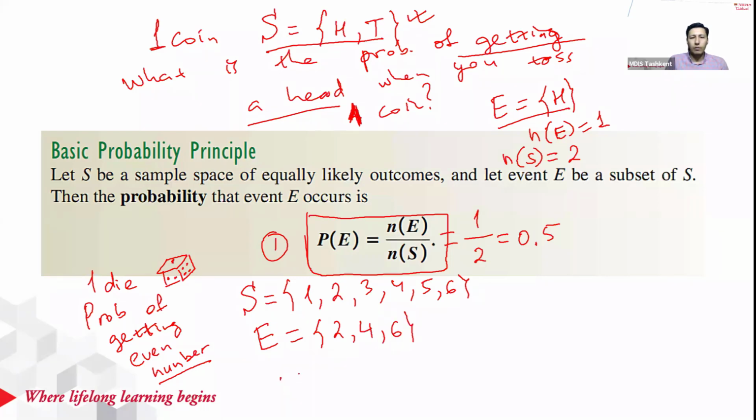Now we use this formula. It was better to use F here because we have E already. Let's make it F, doesn't matter. PF is equal to NF divided by NS. How many elements in F?